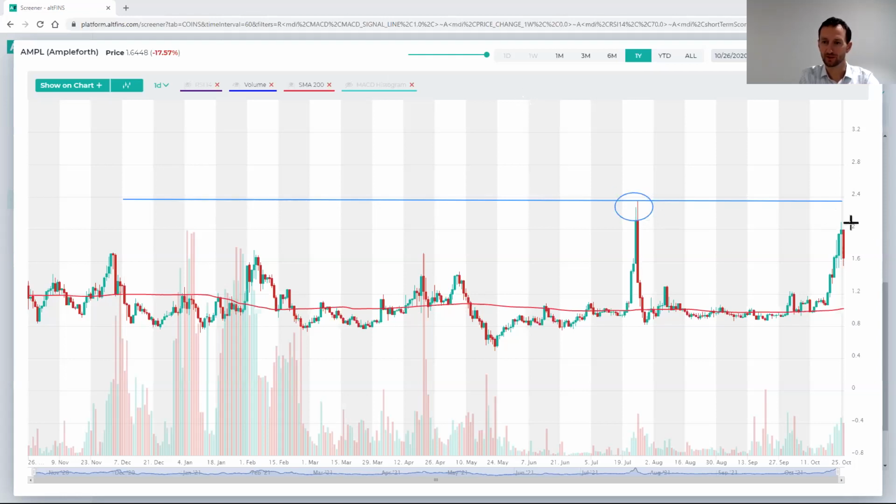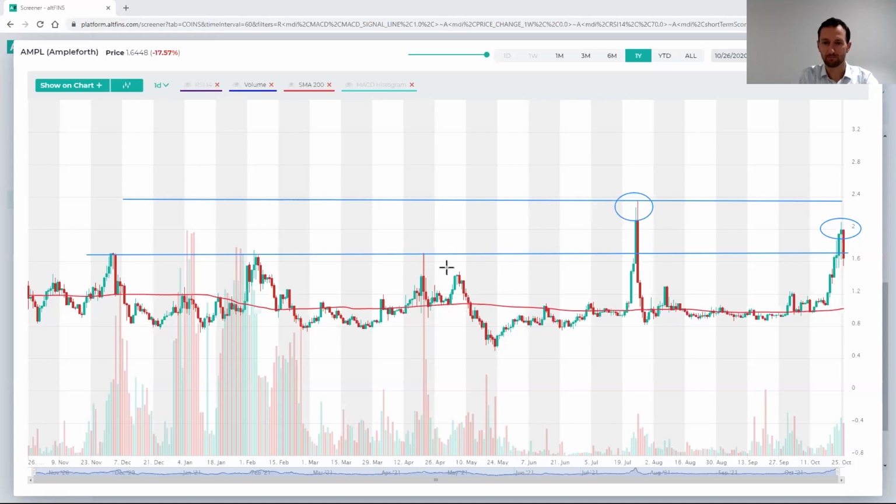This time the price didn't even get as far as that, but the other resistance zone would have been around here, which was probably around $1.80. But also interesting that the price reversed or corrected here around that $2 round number.